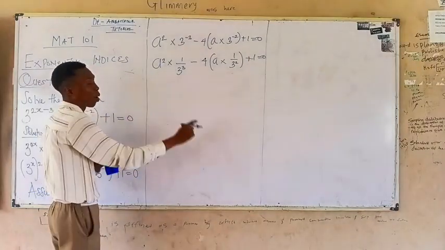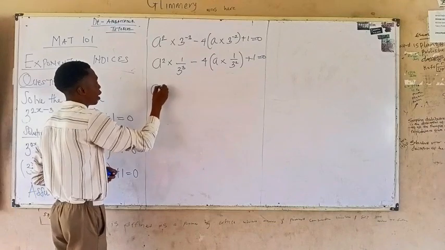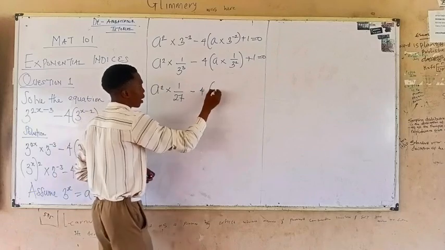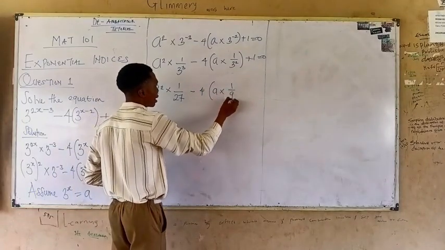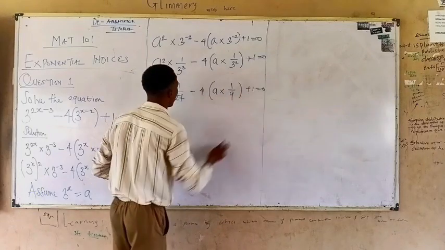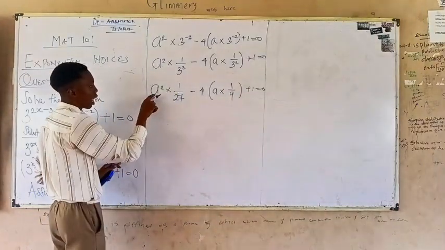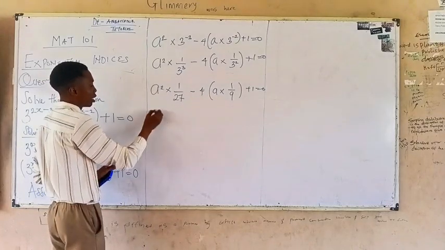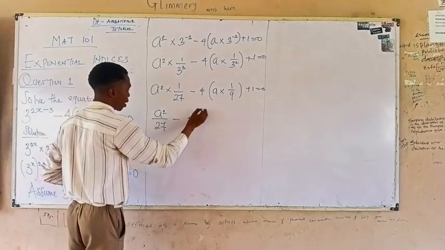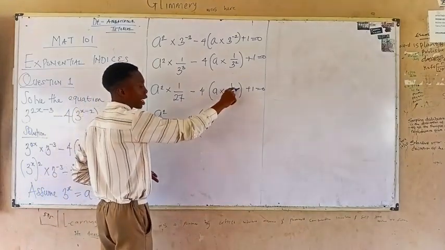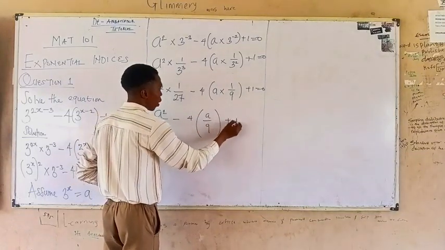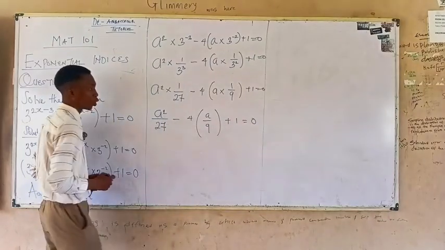Now 3 to the power of 3 is 27. So that's a squared multiplied by 1 over 27, minus 4 in bracket a times 1 over 9, because 3 to the power of 2 is 9, then plus 1 equals 0. Multiplying a squared by 1, that's a squared over 27, minus 4 in the bracket of a over 9, plus 1 equals 0.